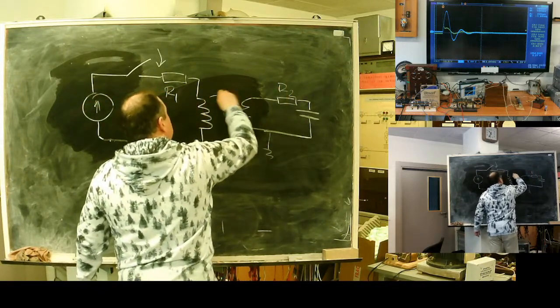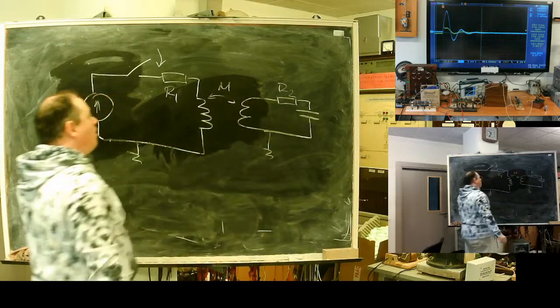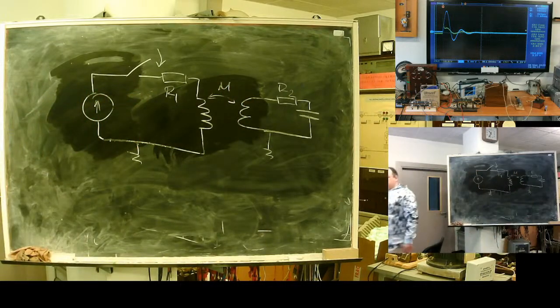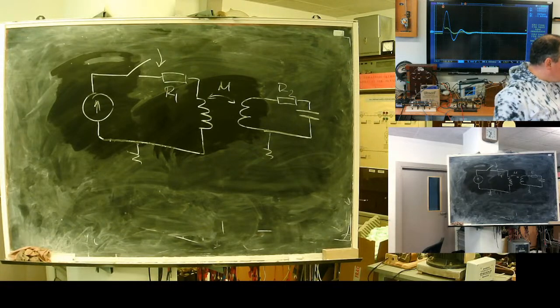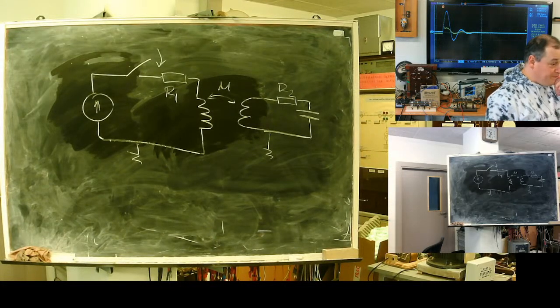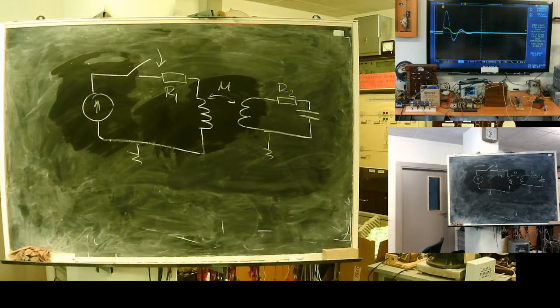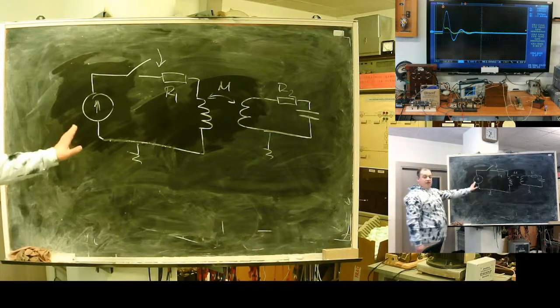And these coils are mutually coupled. Such a network isn't easy to solve, really. Switch on the coupled network. How can we solve it?